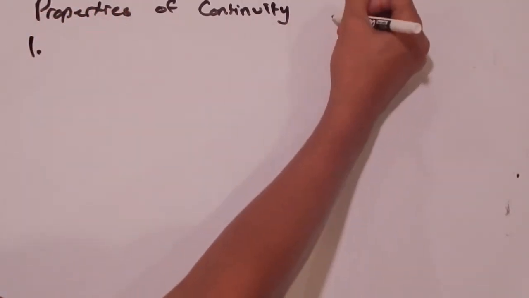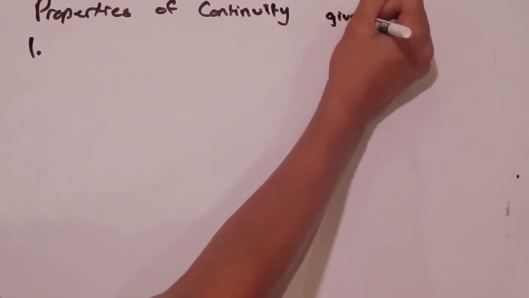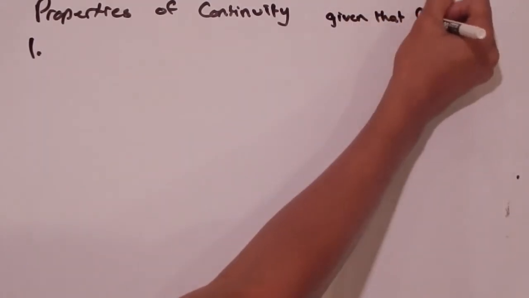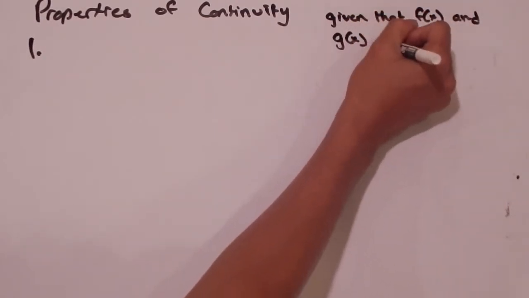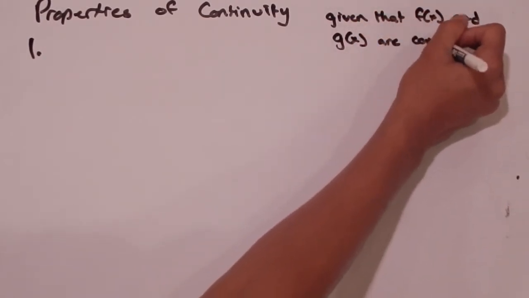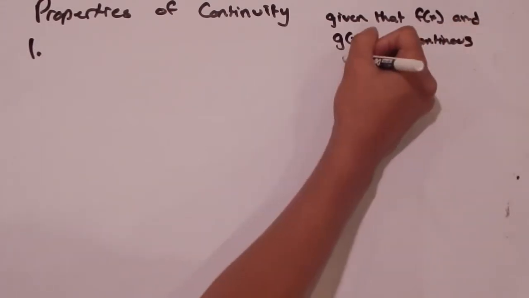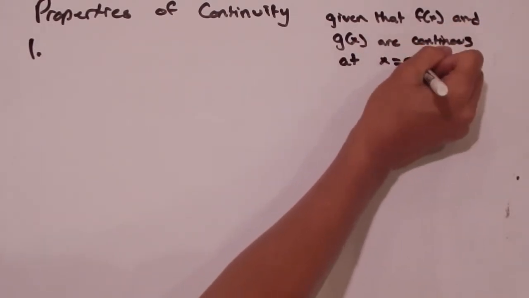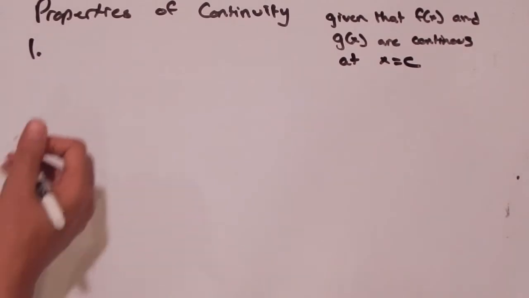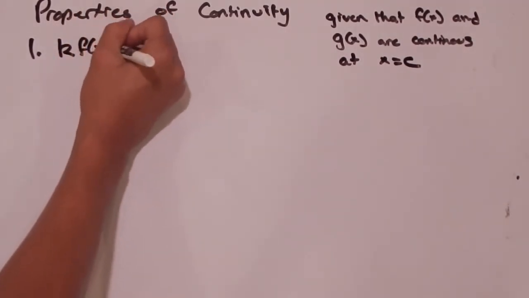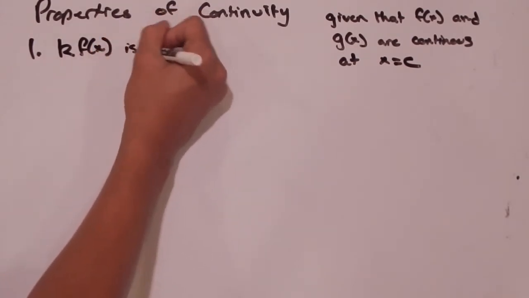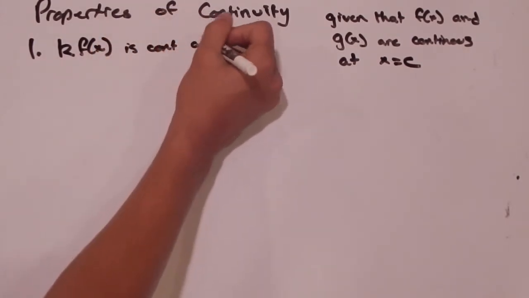Given that f of x and g of x are continuous at x equals c, the first is that k times f of x is continuous at c.